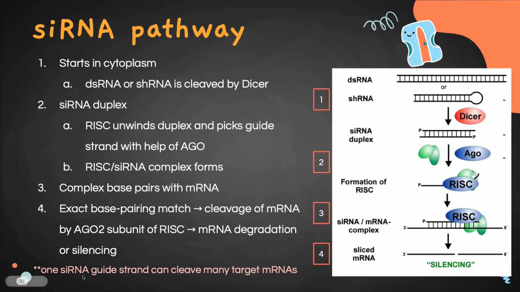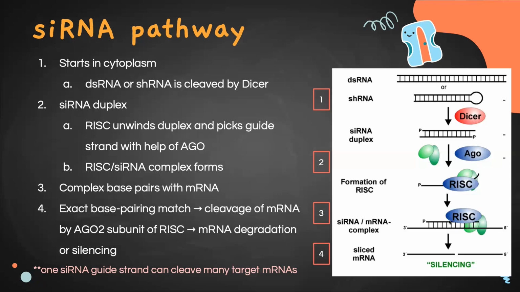So one siRNA is very versatile. Basically, you don't need a lot of siRNAs in order to cleave a lot of mRNAs. Because it's an exact pair, siRNA is not like energy, where it gets used up. It's constantly there, or it can be for as long as the cell needs it to be.